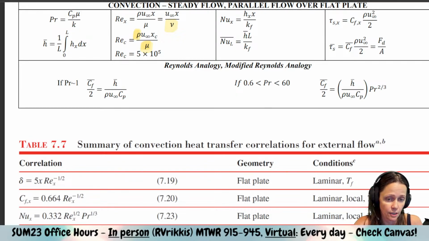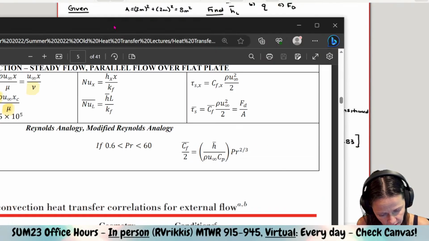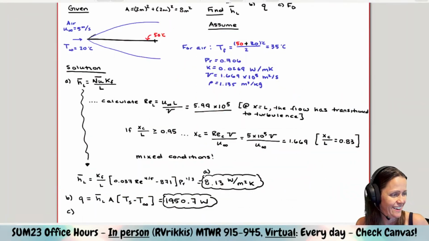And then you can also relate that to the average friction coefficient. So I'm going to write that exactly how it is on my equation sheet, but I'm going to move this out of the way first.